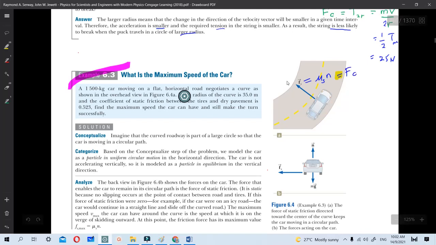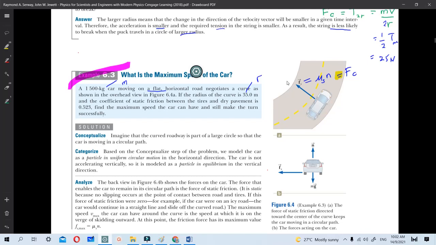So according to the question, the radius R has this value, and this is the mass of the car on a flat and horizontal road. We are not going to do banking. Banking means inclined, and there is none. It's flat only. So on a flat road, you must understand and memorize that towards the center is the static friction, and static friction is the coefficient times the normal force, and it is the centripetal force.